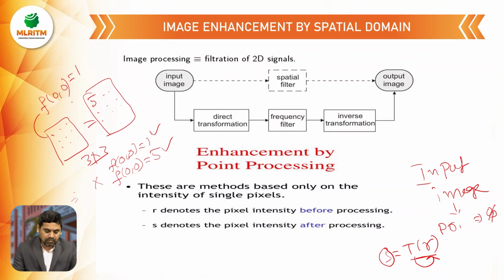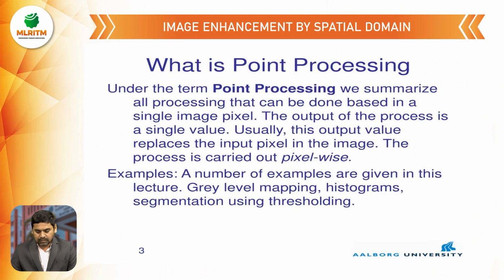This type of processing is called point processing. To summarize, all processing can be done based on a single image pixel, and the output of the process is a single value only.